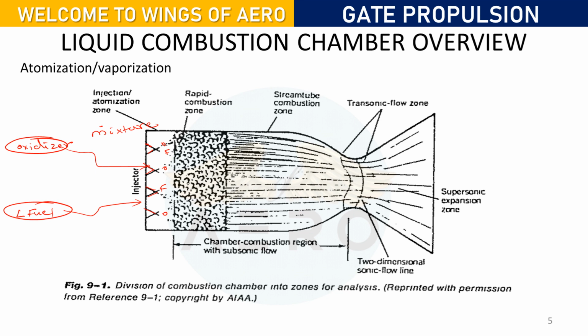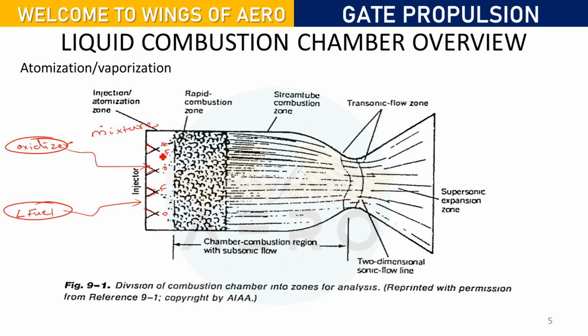For a liquid combustion chamber, the oxidizer to fuel ratio will be around 5 to 7 ideally, right? 5 to 7 ideally it can combust. So I hope I have made clear the role of the injector, and how or in which mode they come in contact with each other inside the chamber.